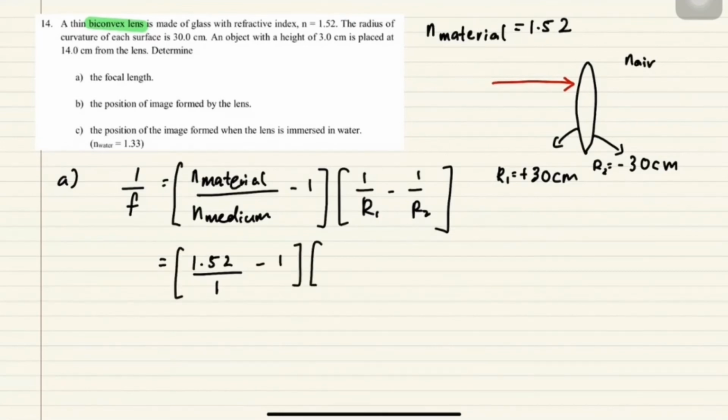So R1 is equals to 1 over 30 cm minus negative 30 cm. So here you should get 0.52 multiplied by 2 over 30, 1 per F, by 28.85.